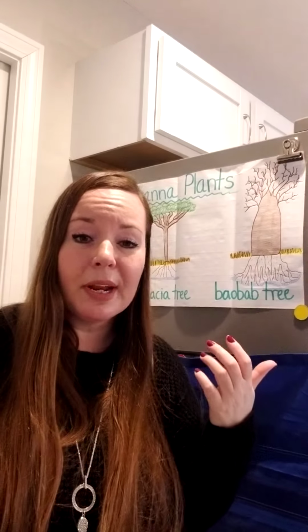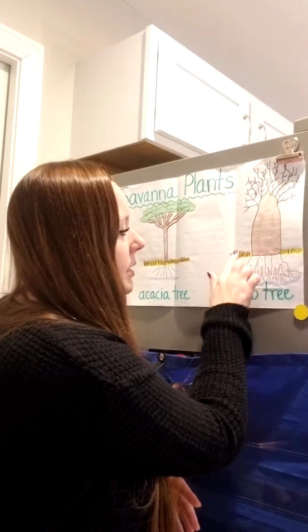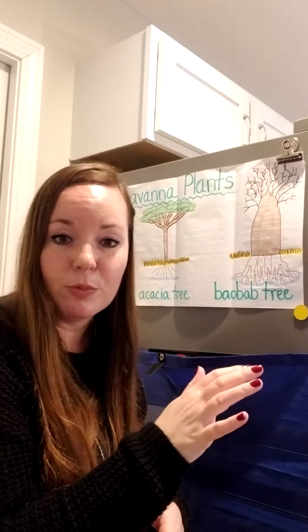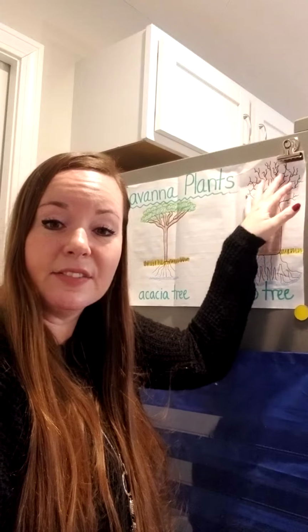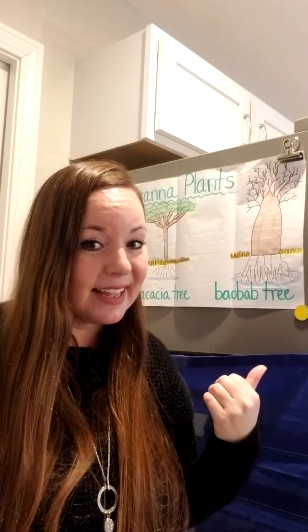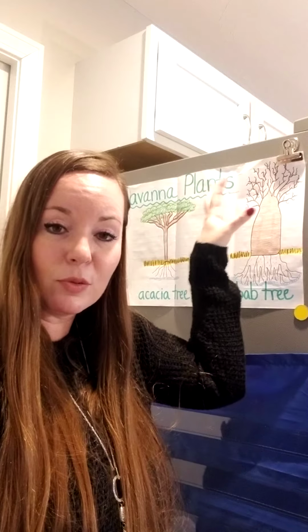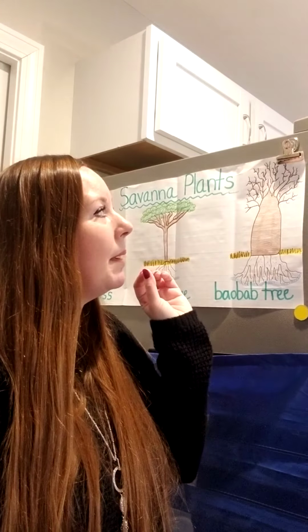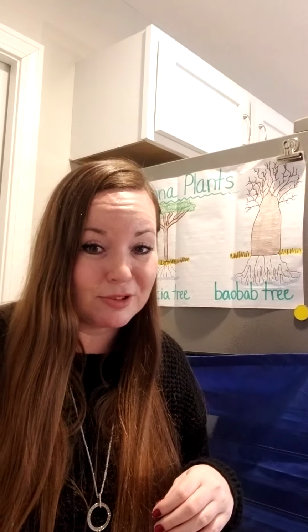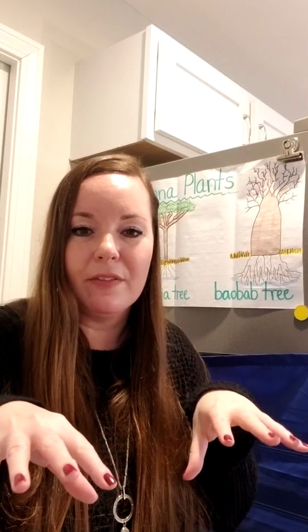Now, what I did was I drew the baobab tree when it's the dry season, so you'll notice the grass down here is yellowish brown, and there's no leaves at the top. If I was to draw this in the wet season, I would put lots of green at the top. All the leaves would be up there. But the cool thing about baobab trees is once it's about to get from wet to dry season, it drops all of its leaves.